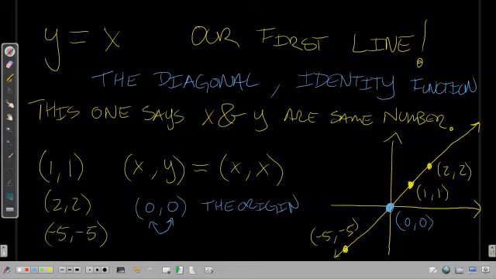So this is an important line. If you understand this equation and how all those points are right on this line, only then can we move on.